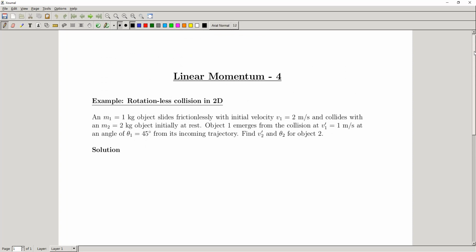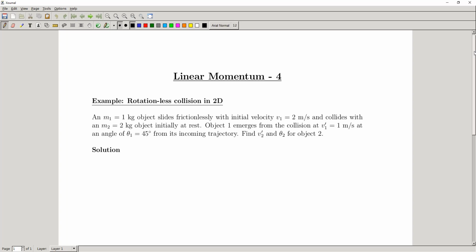We have a rotationless collision in 2D, and so we have an object that has a mass of 1 kilogram. So object 1 here has mass 1 kilogram. It slides frictionlessly with an initial velocity of v1 equals 2 meters per second. Then it collides with an object 2 that has mass 2 kilograms, which is initially at rest.